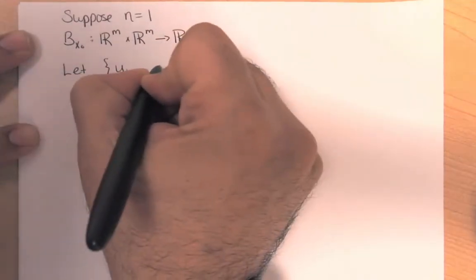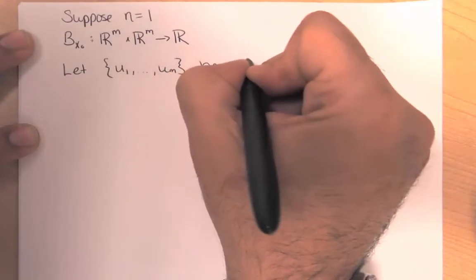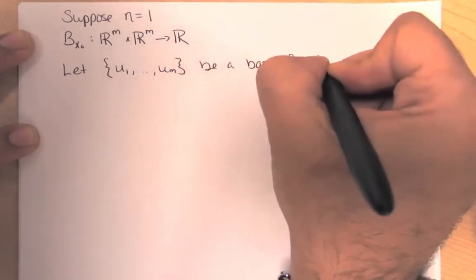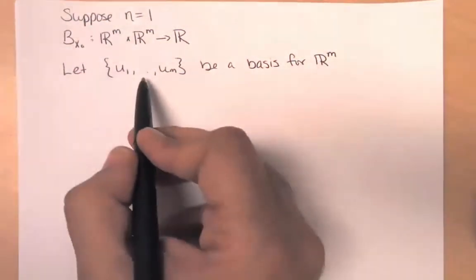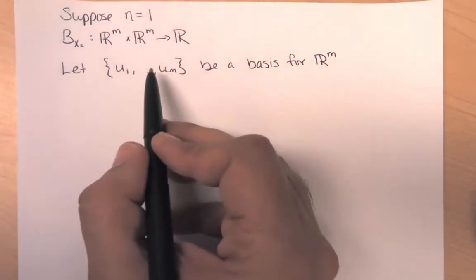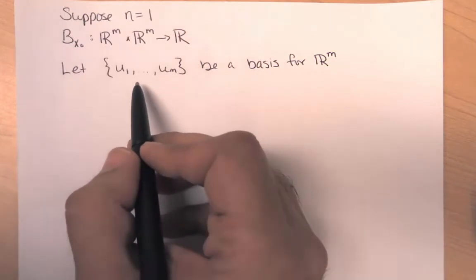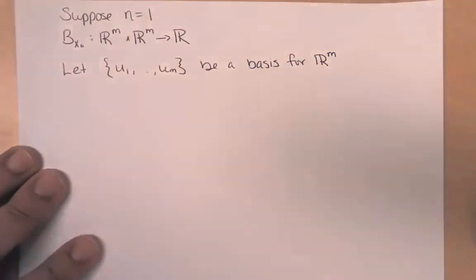So let U1 through Um be a basis for Rm. Of course, we oftentimes take the canonical basis E1 through Em. Remember that Ej is the vector of all zeros except for a 1 in the jth position. But let's just take an arbitrary basis for Rm.